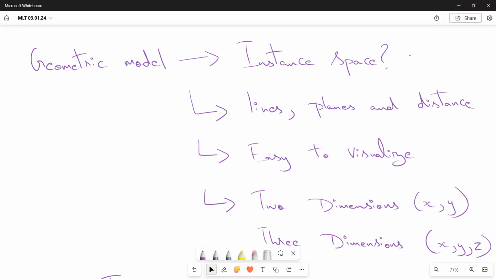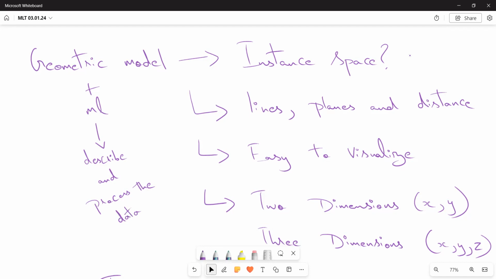I'll repeat this: a geometric model in machine learning is a class of models that helps you to describe and process data using geometrical ideas and methods. So now you know what a geometric model is.